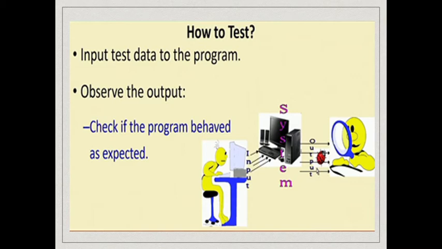So we give input data to the program, observe the output, and check if the program behaves as expected. If it is exactly as per our expectation, then it passes, but if there is a discrepancy, it is a failure and we note down the conditions, that is, what input we gave and under what conditions.